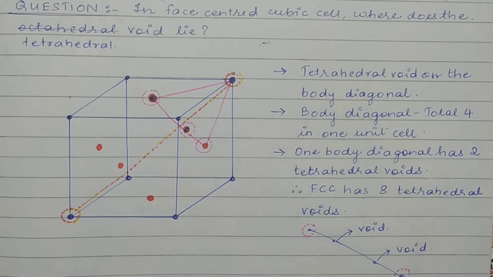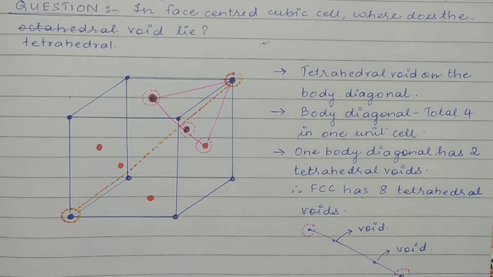If you recollect the last classification which we saw, right? So what is the question? The question is, where exactly is the tetrahedral void lying? For your understanding, I have drawn this diagram.